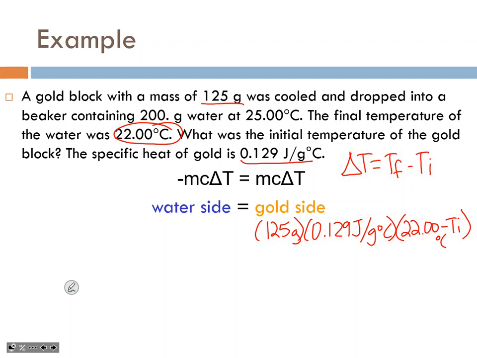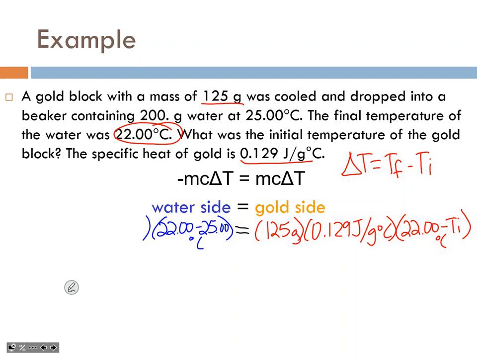Now, over here on the water side, we have the delta T, so the final temperature is 22 minus the initial temperature, which was 25. So watch this sign here, because that's going to come out to be -3.